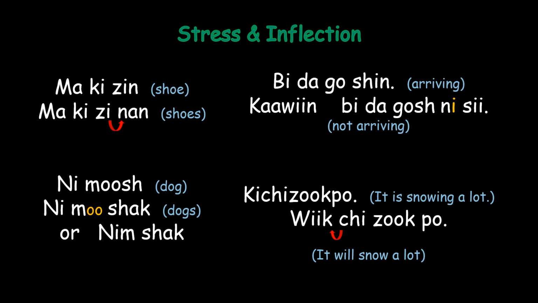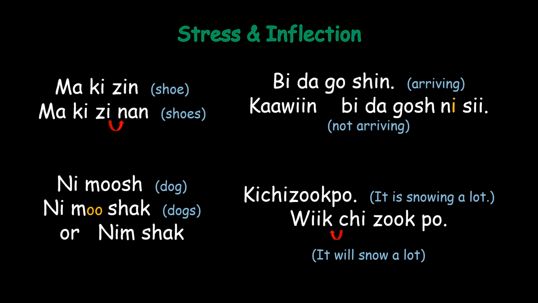We add an an, un, suffix to the end of the word, just as if you would add an s to the end of the word in English, but we add an an, makizinun. When we add the an at the end, the N of makizin moves over and the sound becomes part of the new syllable, nun. So makizinun. This happens quite frequently in Anishinaabemowin.